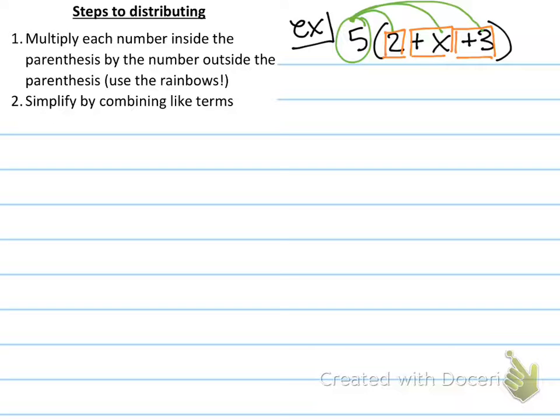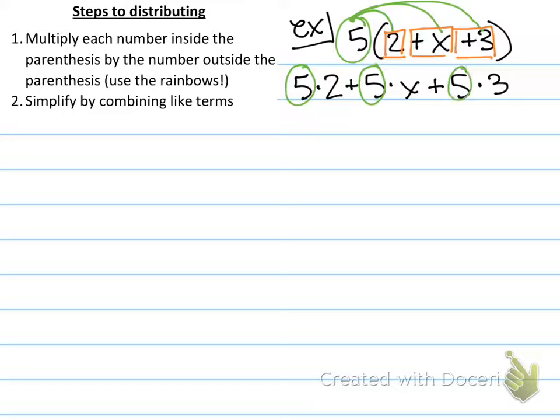I like to expand it out just so I can see what I'm doing. So 5 times 2 plus 5 times x plus 5 times 3. So this is our 5 that was on the outside of the parentheses.